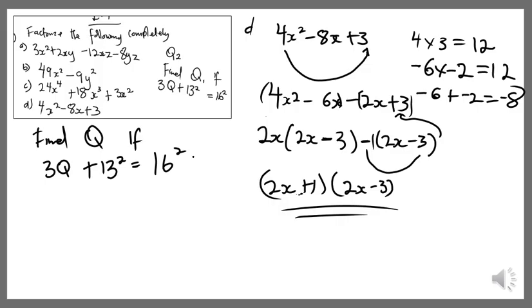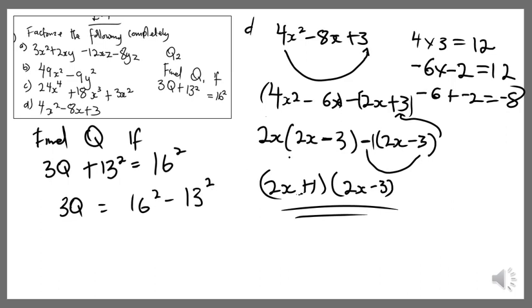So this is basically a very simple thing that you can do, right? So in order for you to find your Q, you are definitely going to send this one to the other side. So your 3Q will be equal to 16 squared minus 13 squared.